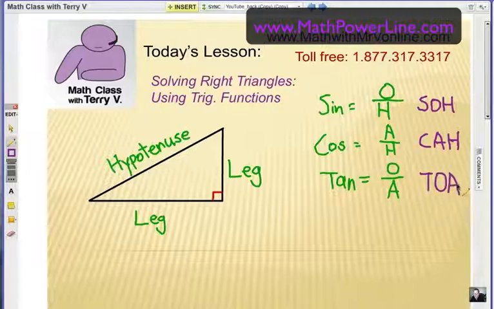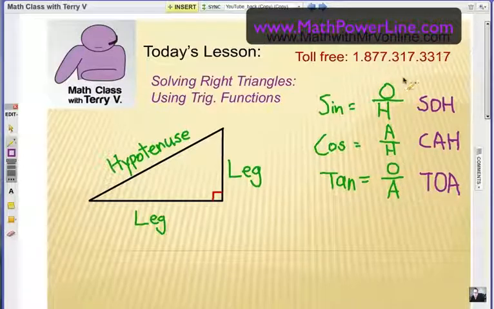So think about soaking your toes after a long day skiing. You're getting rid of the frostbite, soaking them in nice warm water. It feels good. Or you've been on your feet all day and you're going to sit down and relax, soak your toes for a little while. And that's how you remember: sine, opposite over hypotenuse; cosine, adjacent over hypotenuse; tangent, opposite over adjacent.